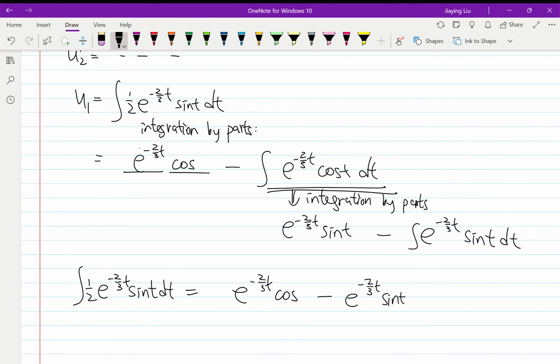Obviously the coefficients, I'm not writing them, but then you have minus, or maybe plus, another integral e to the negative 2 over 3t sine t dt. And this half, you can just move in front. So what I'm saying is that when you integrate by parts, you still end up with the integral that you try to find. So you take this integral, move it to the left side to combine with this integral, so you end up with one integral, and then there's no integral left.